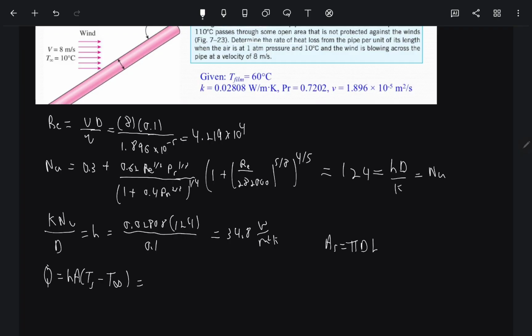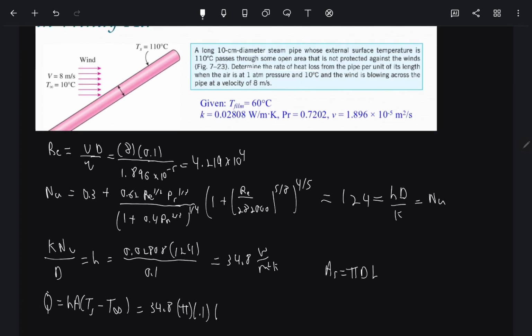So we have h, which was 34.8, times the area, so pi times d, 0.1, times L. L is 1 because we care per unit length.